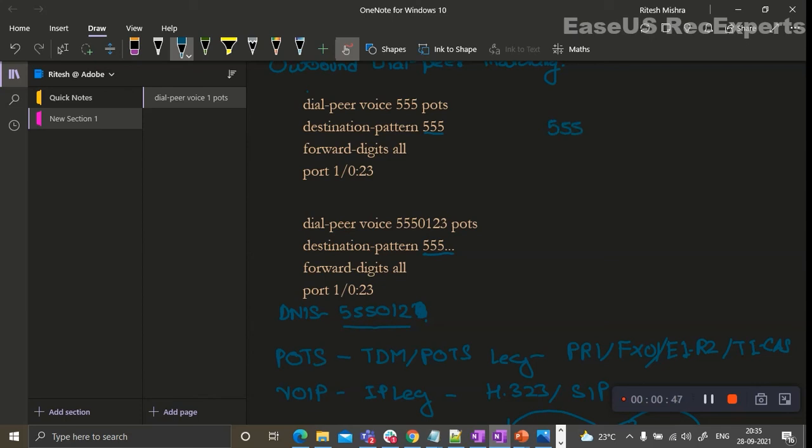It can be used for any called number that starts with 555 and can go up to any length. I think the maximum length is 32 digits.